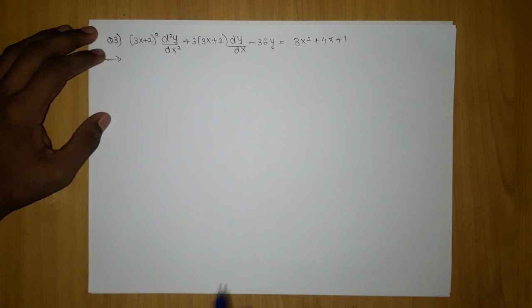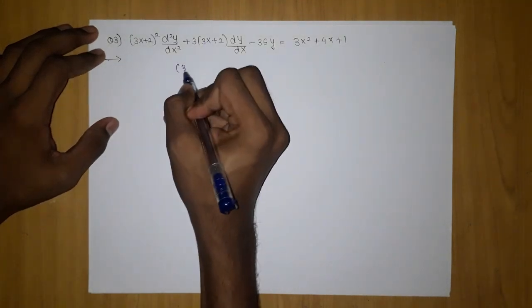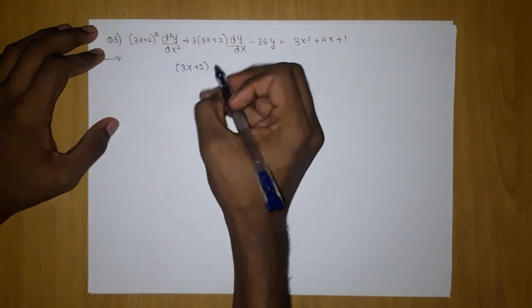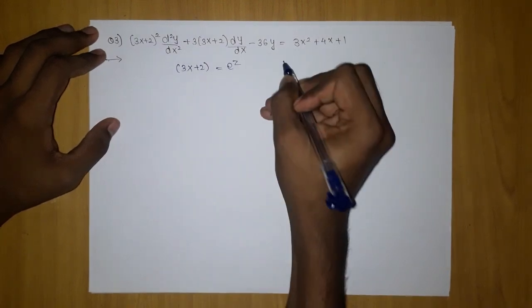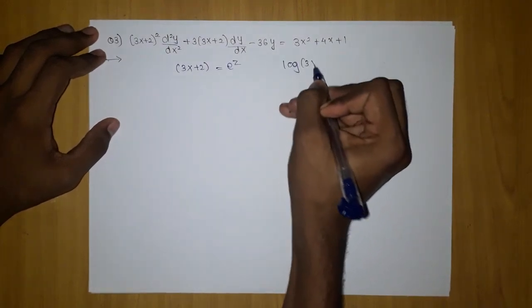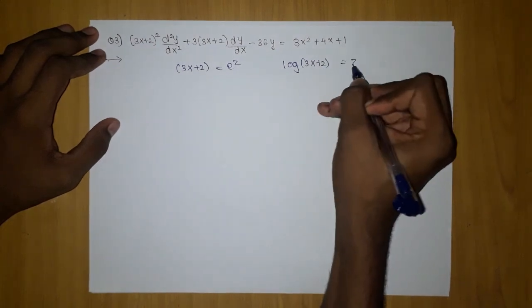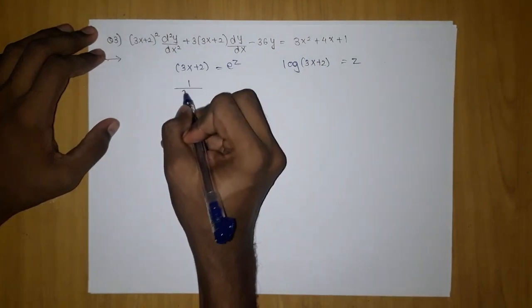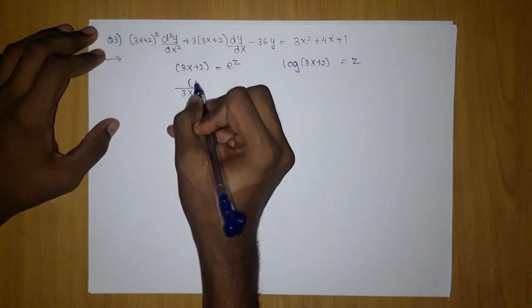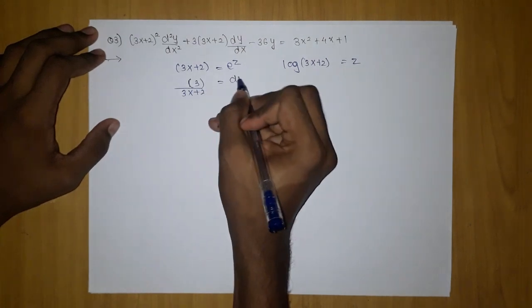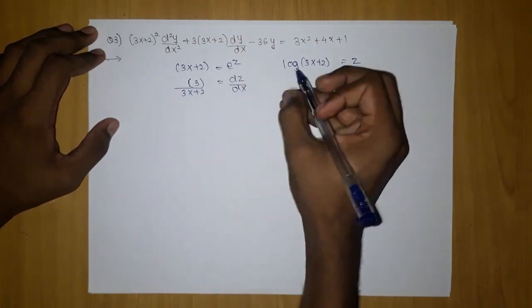To convert into a higher order linear differential equation with constant coefficients, we are going to substitute 3x plus 2, which is ax plus b, equal to e to the power z, giving me log (3x plus 2) equal to z. Okay, differentiate it. By chain rule, here 3 will be there, here dz by dx will be formed, right?